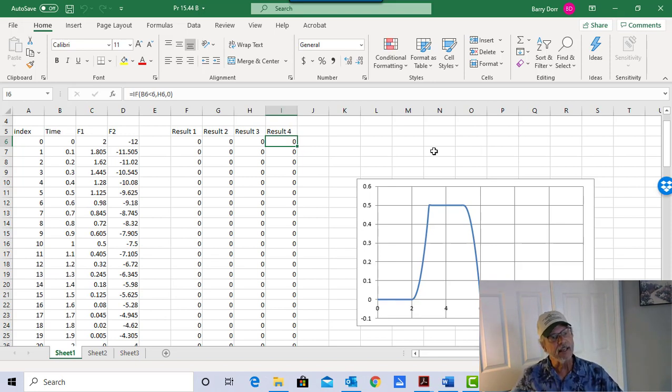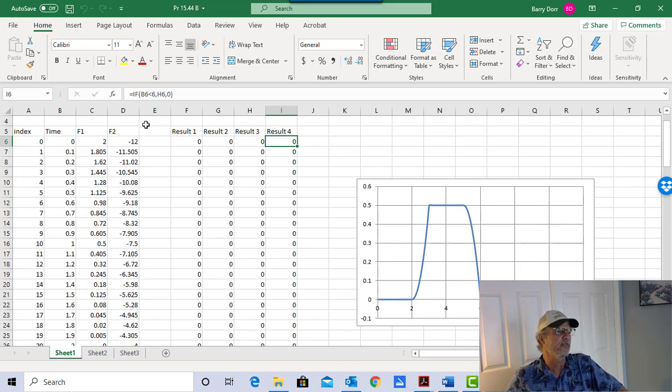So I use the heck out of Excel, especially the goal-seek formula, which is under the data what-if analysis. It's one of the most useful things I know of. If I have one equation and one unknown, and it's a really nasty one, I use Excel's goal-seek to solve it. But what I did here is I said I've got a couple of different functions, and each one of these is a time point.